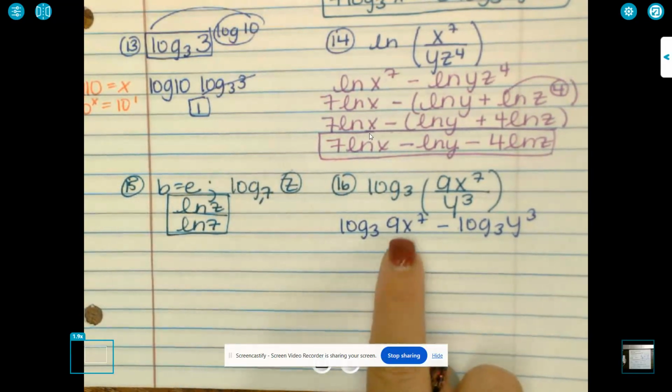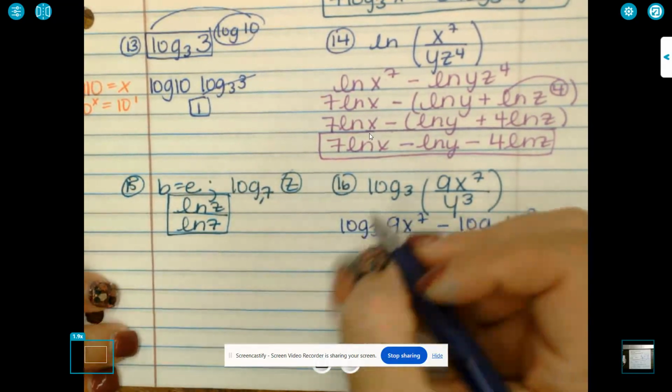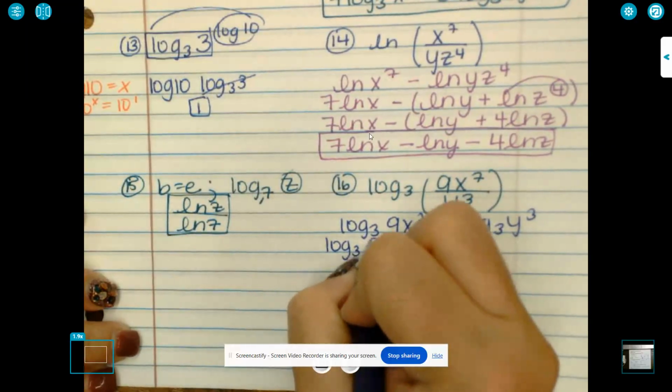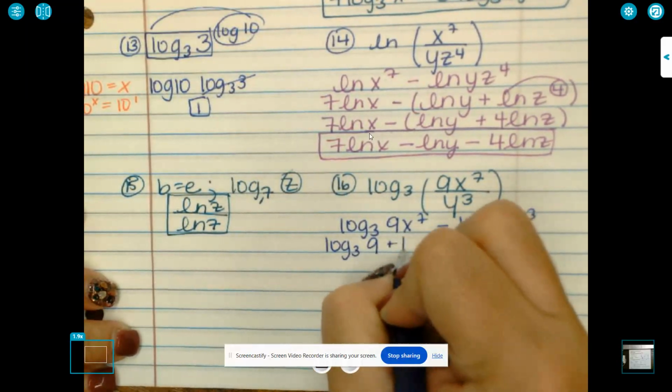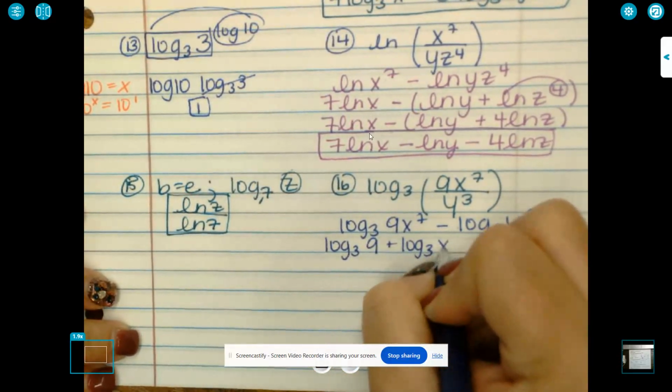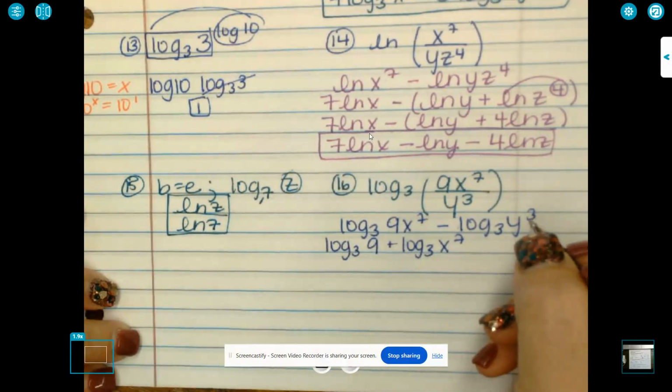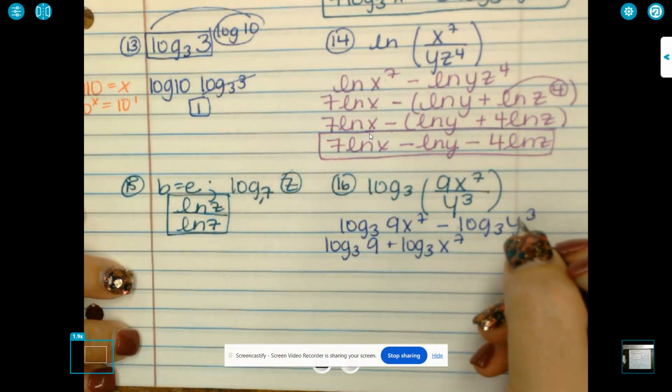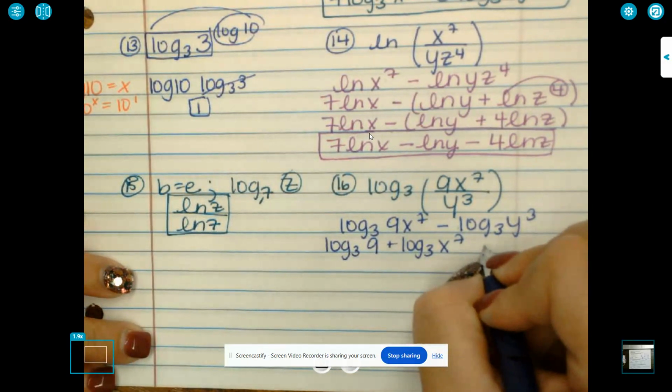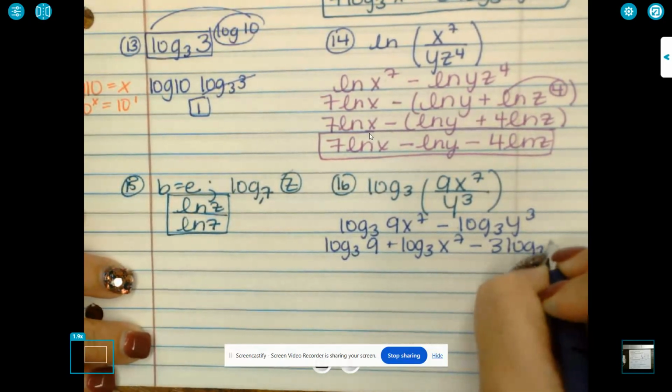Now I'm going to recognize this is multiplied, so put those together. That's going to be log base 3 9 plus log base 3 x to the 7th, minus, I'm going to go ahead and pull that exponent down, 3 log base 3 y.